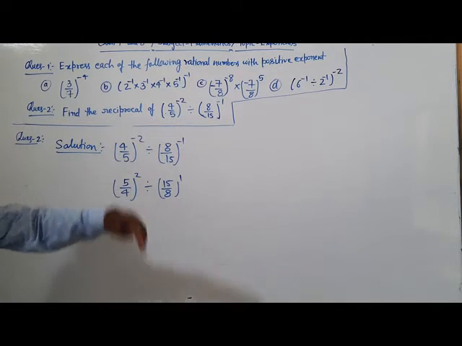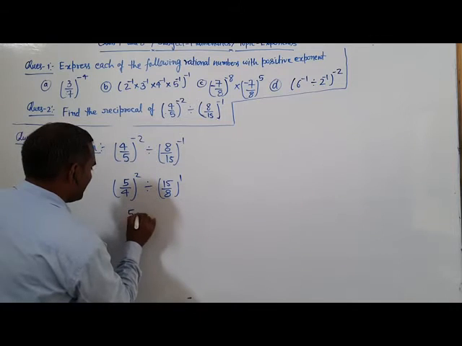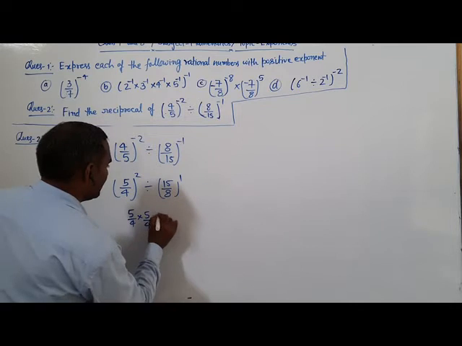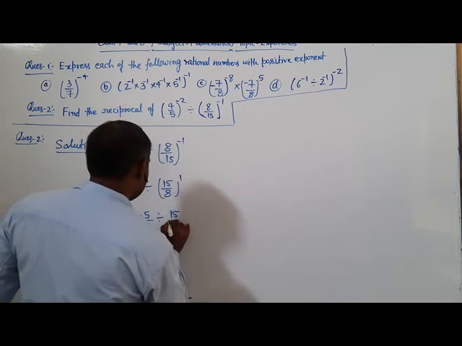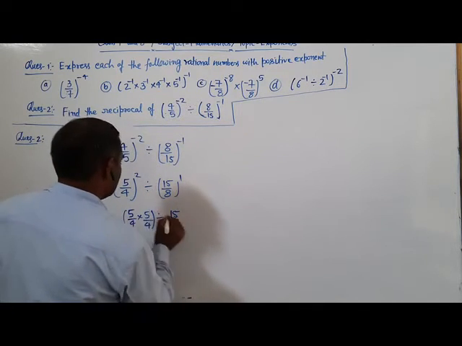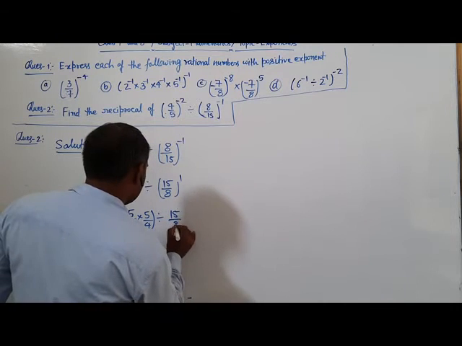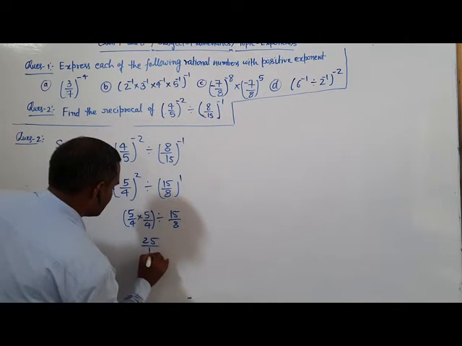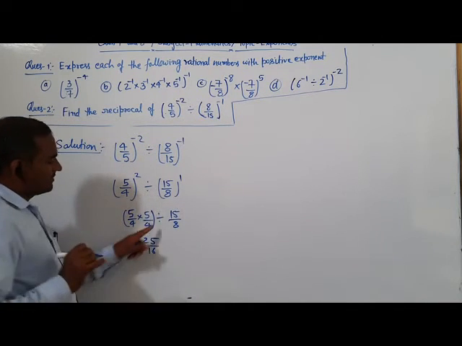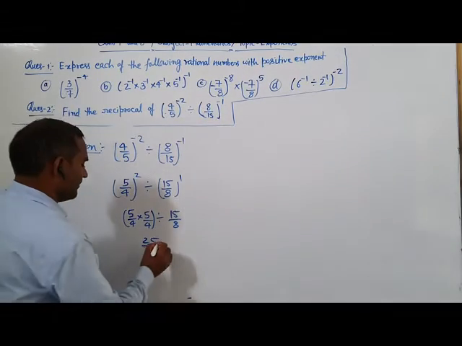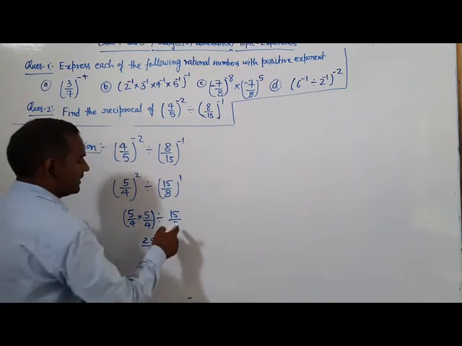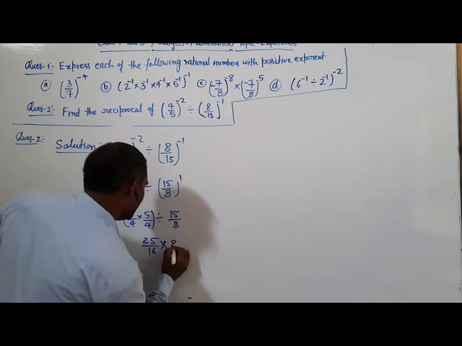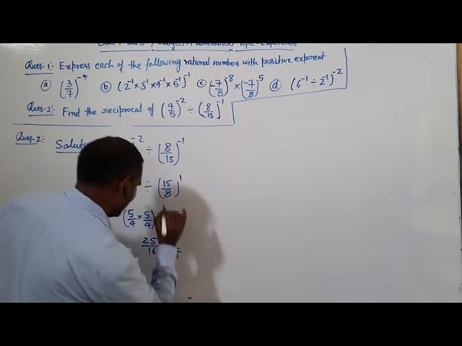Now open it: 5/4 × 5/4 divided by 15/8. Now 5 fives are 25, 4 fours are 16, so 25/16. The division sign will change into multiplication, and the fraction becomes 8/15.